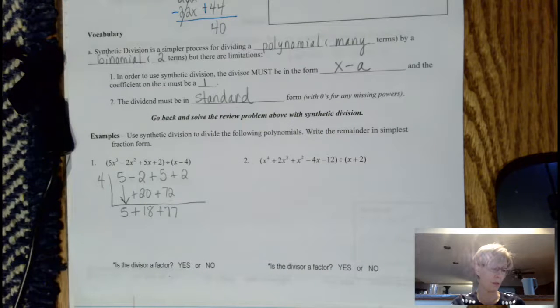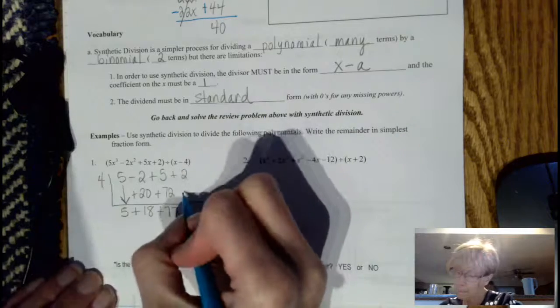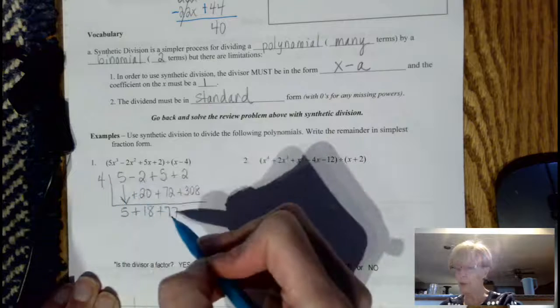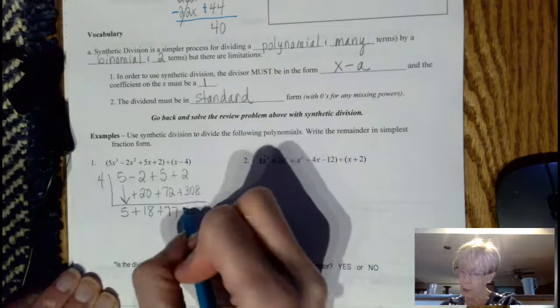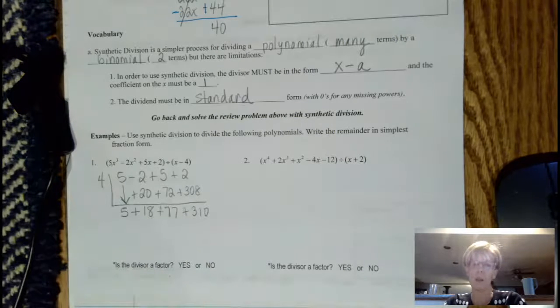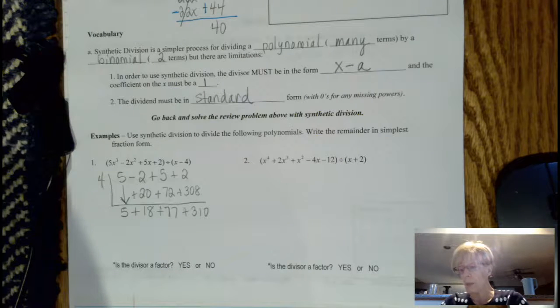And then we descend. So the next one becomes 18x plus 77. And then the last term here is our remainder over what we're dividing by, x minus 4. And down here it says, is the divisor a factor? Remainder? No, the divisor is not a factor.